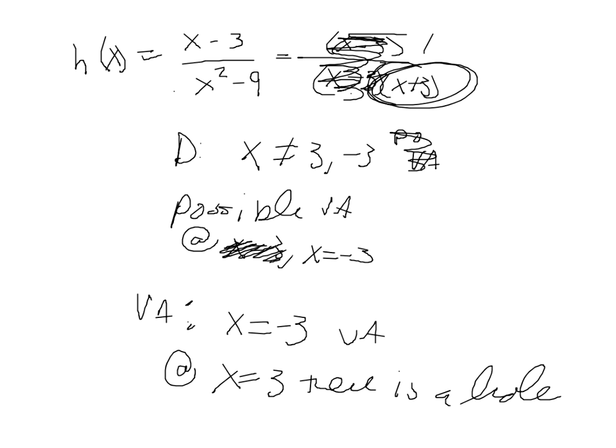So when we find the domain, those values are either going to have a hole or they're going to have a vertical asymptote. We tell the difference between whether it's going to be a hole or a vertical asymptote by simplifying the rational function.